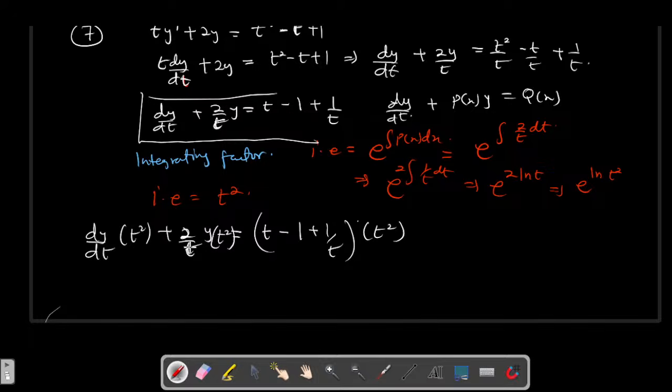Okay, so once you've multiplied through by t squared, there is this very beautiful rule in linear differential equations which says that whenever you reach this step, you have a derivative of y multiplying the t squared, then you have the y itself multiplying the derivative of the t squared. So this expression, we collapse it to get y multiplying our t squared. On the left side, all the time whenever you are solving linear equations, that's the next step to do.